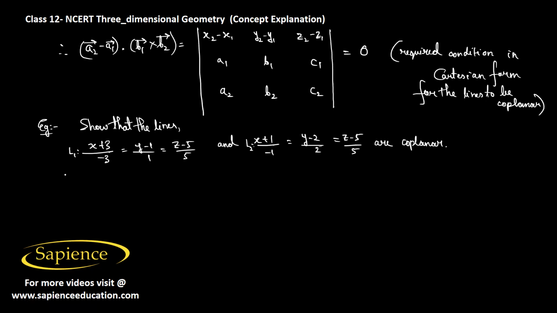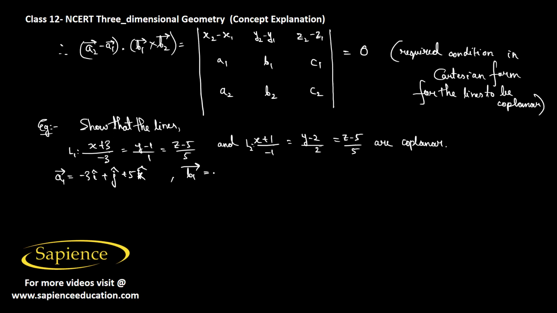Now the position vector of the point A on the line L1 will be minus 3 i cap plus j cap plus 5 k cap. And the B1 vector, which is parallel to the line L1, will have the same direction ratios as the line L1, that is minus 3, 1 and 5.